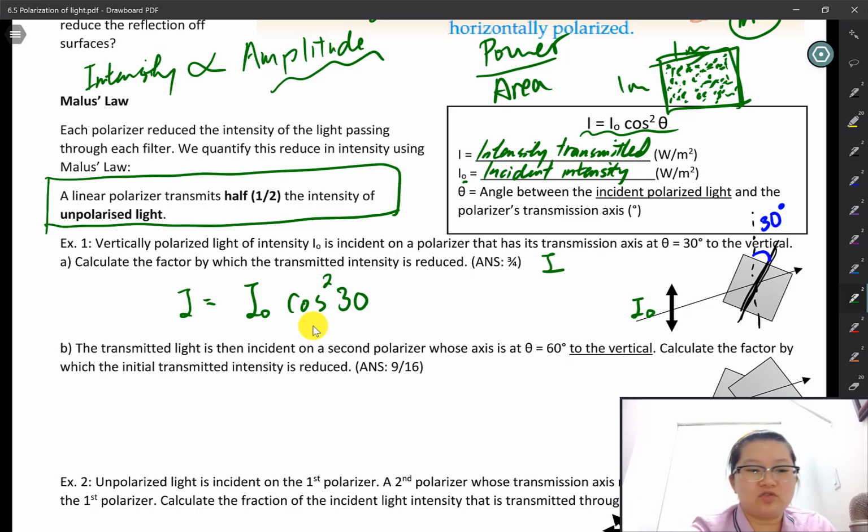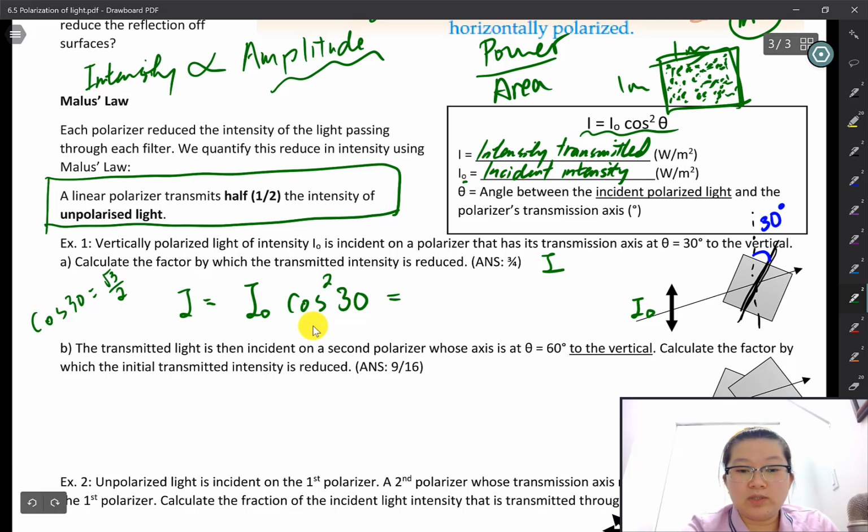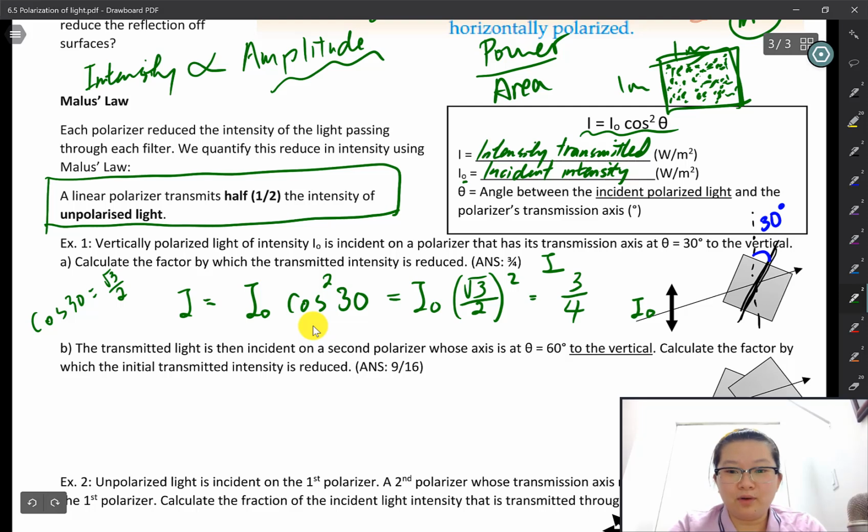If you know your special triangles, you probably know that cosine of 30 is exactly square root of 3 over 2. So if I take the square of cosine 30, that's going to be square root of 3 over 2 squared. Square root of 3 squared is just 3, 2 squared is just 4. Hey, that's just 3/4.